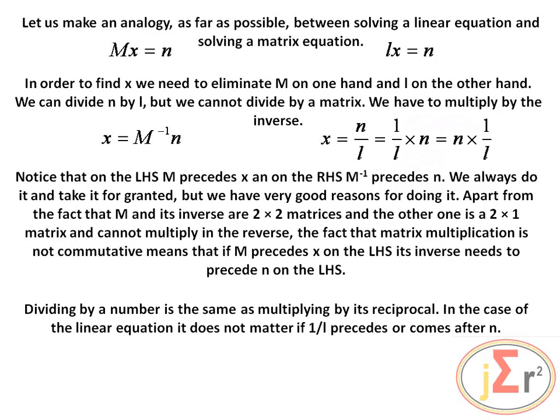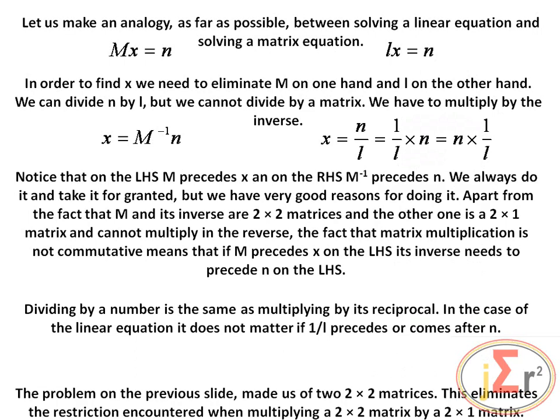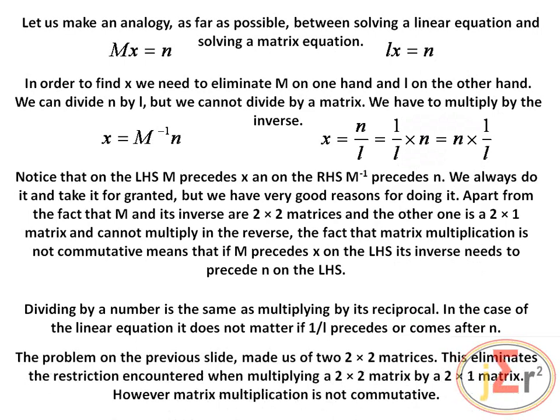But when we are talking about matrices, it does matter. The problem on the previous slide made use of 2 by 2 matrices. This eliminates the restriction encountered when multiplying a 2 by 2 matrix by a 2 by 1 matrix. However, matrix multiplication is not commutative.